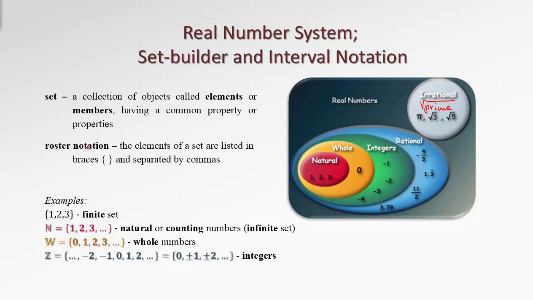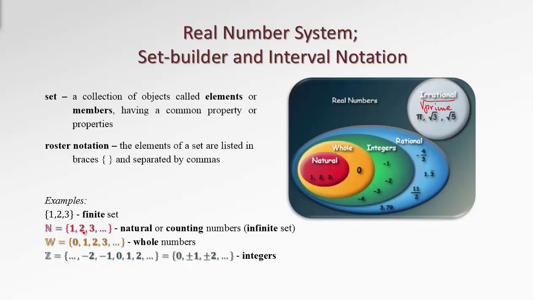We could also use roster notation when we want to represent an infinite set, but this infinite set has a specific pattern that is easy to discover and follow. For example, the set of all natural numbers, marked by a double stroke capital N, like this. That's the set of natural numbers, sometimes called counting numbers.